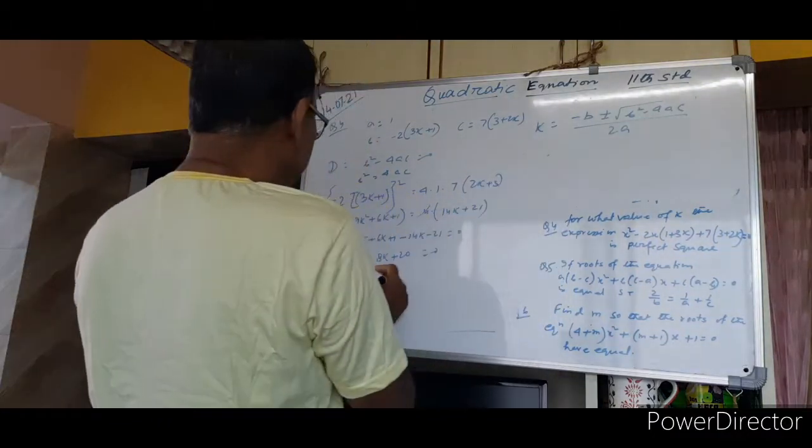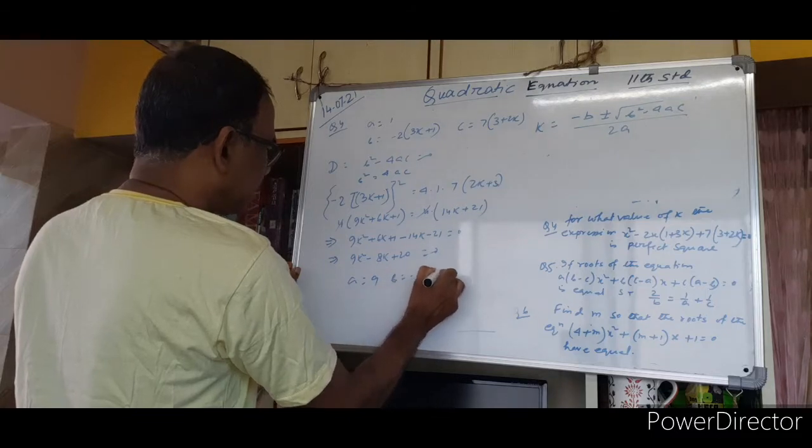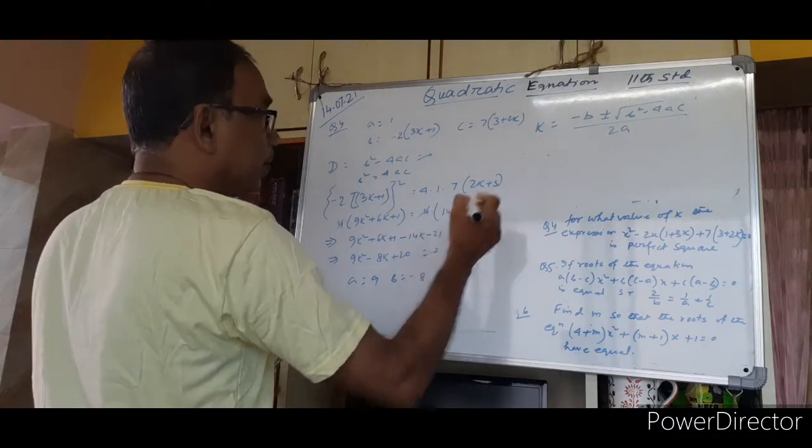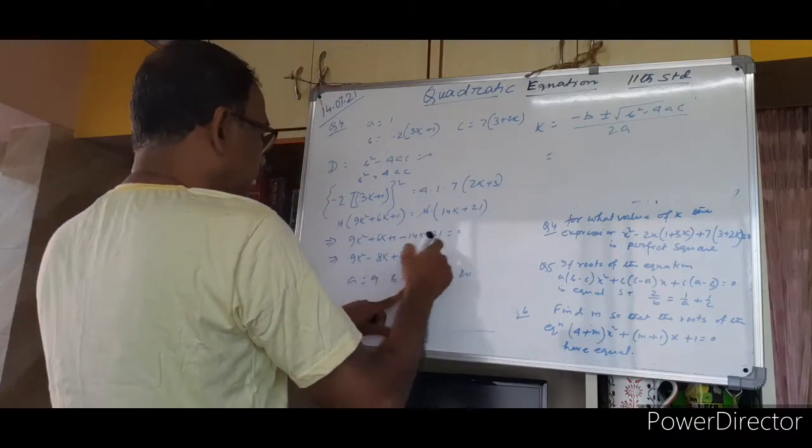Here a is 9, b is minus 8 and c is minus 20.